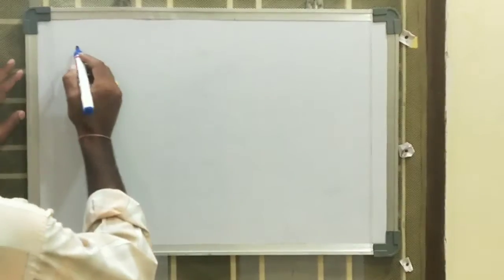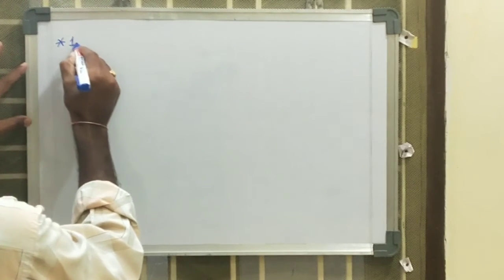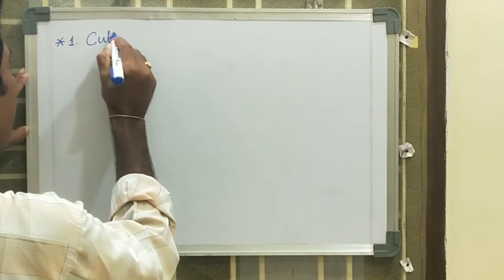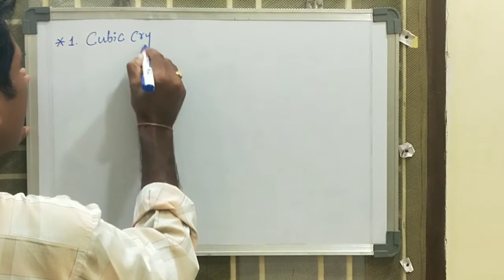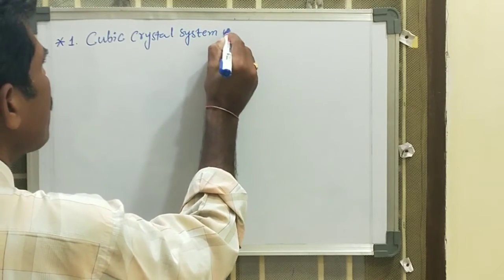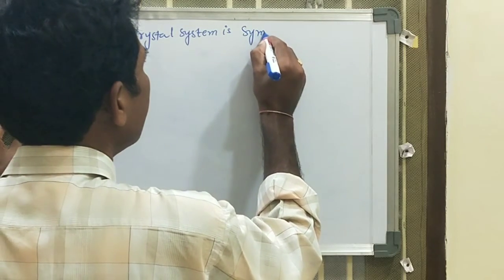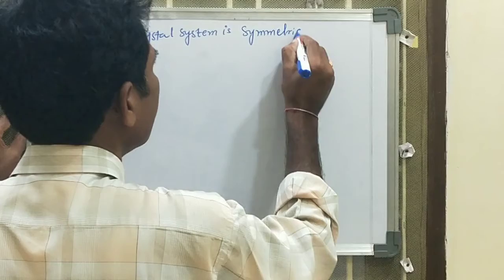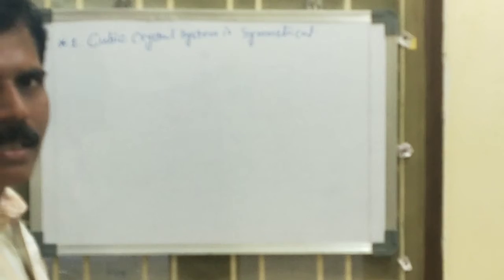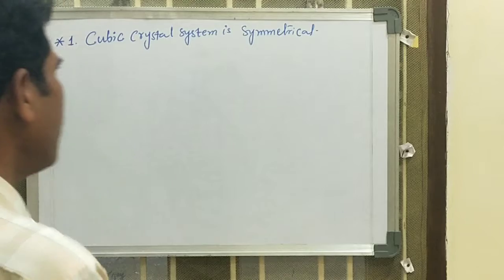Yes, let us write two important points. First one is the cubic crystal system is symmetrical, very very important, because three axial distances are equal and three axial angles are equal to 90 degrees.